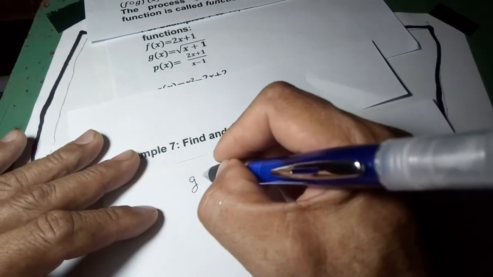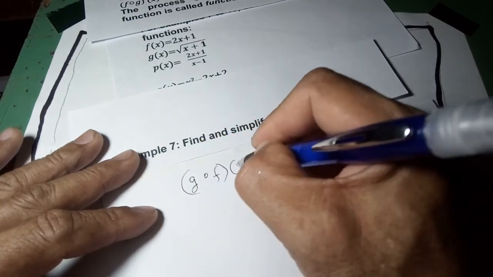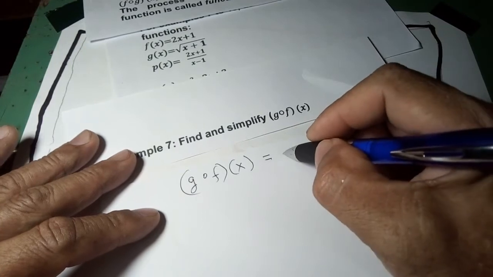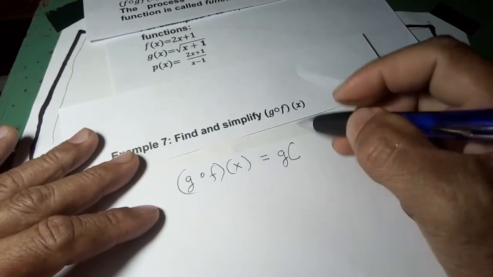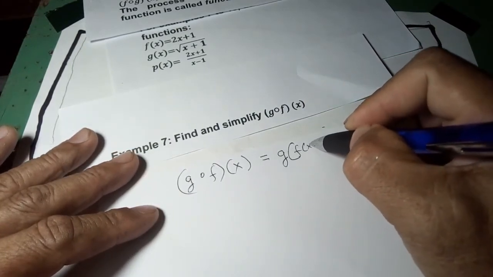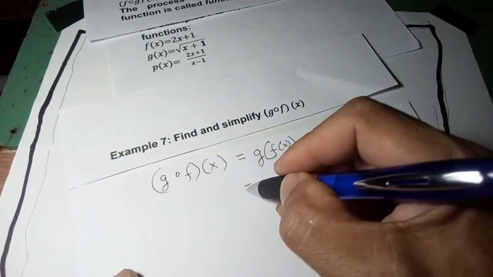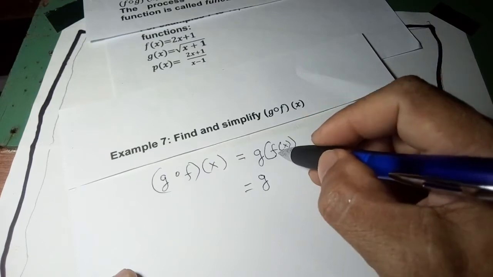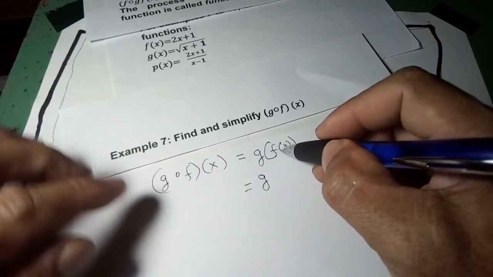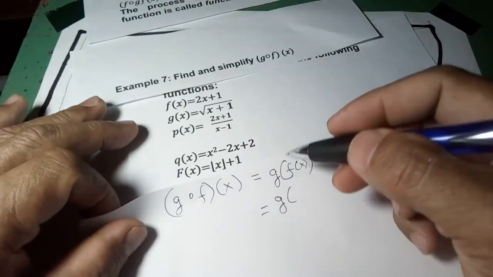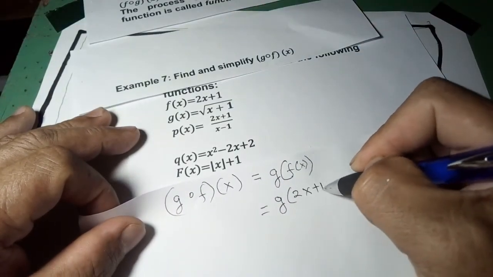So we have g circle f of x is equal to g of f of x, where the inside function is f of x. This is equal to, substitute f of x. Our f of x is 2x plus 1.